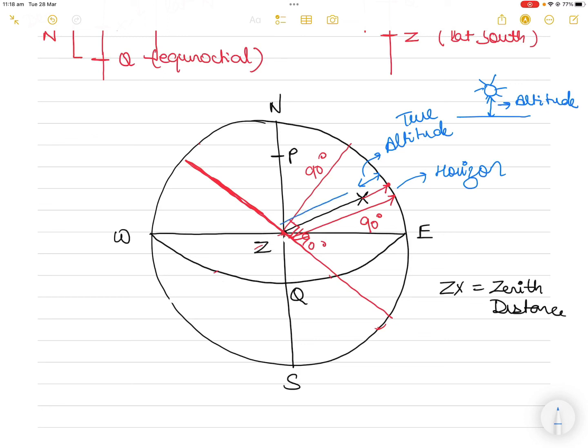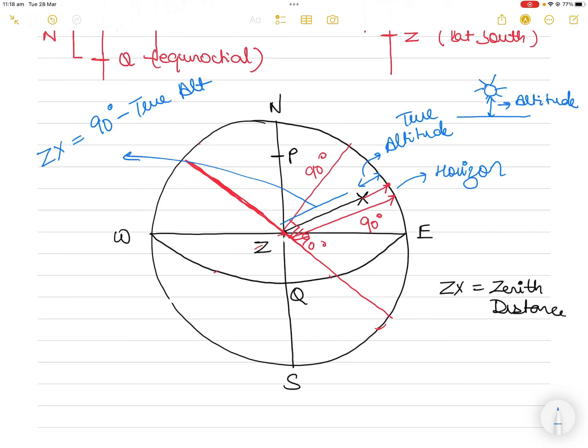So zenith distance, which is this distance here, ZX, is always 90 degrees minus true altitude. You can see why: from X to the horizon is the altitude of the body, how far it has risen from the horizon. From Z to the rational horizon is 90 degrees, so ZX is 90 minus true altitude.